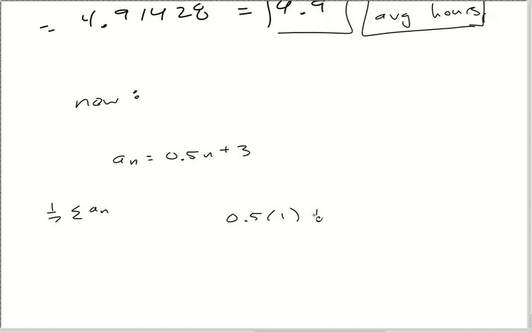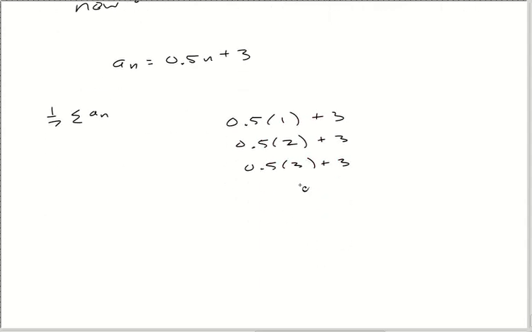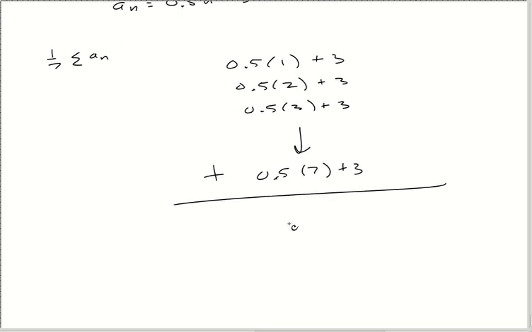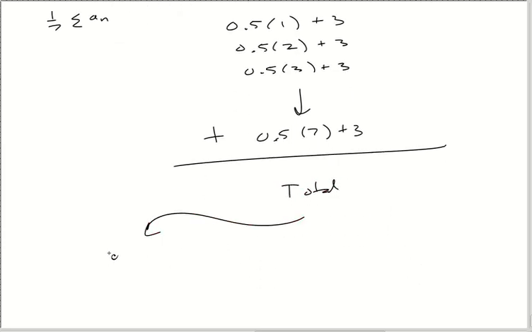So 0.5 times 1 plus the 3, times 2, 3, all the way down to the 7. You're going to add all these up, and you get a total. And then you're going to take that total, and you're going to divide it by 7, or you could say 1/7 times the total. And that is how you get your new average. Comes out to be a 5. Yeah, just 5.